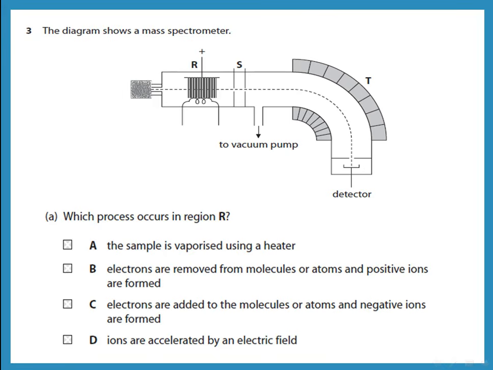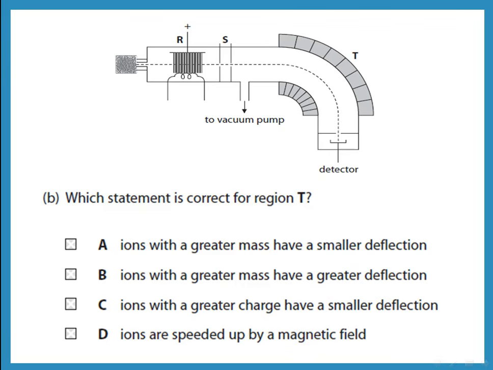Now, when we do that, we knock out an electron from each atom. So what happens in R is that electrons are removed and positive ions are formed. So this is where we have ionization of the molecule, or the atom.